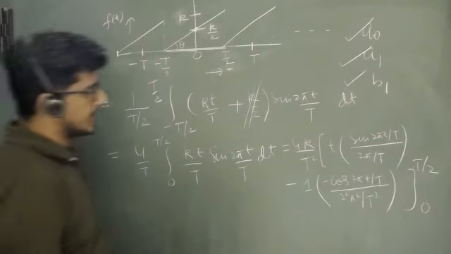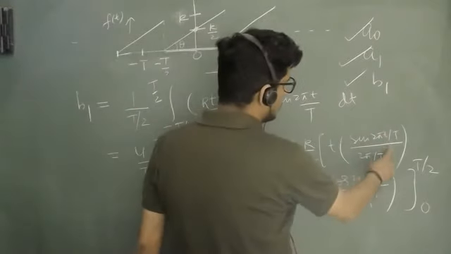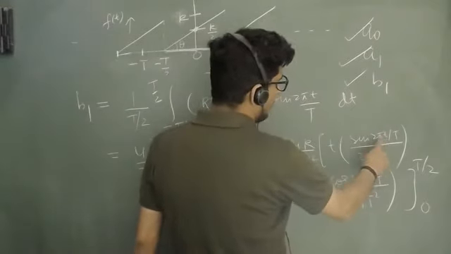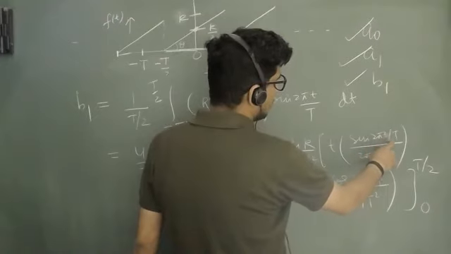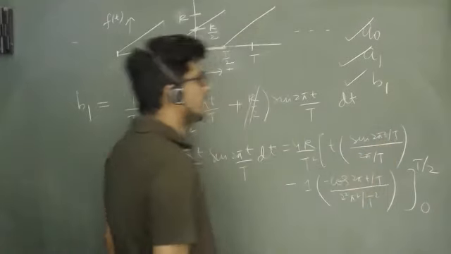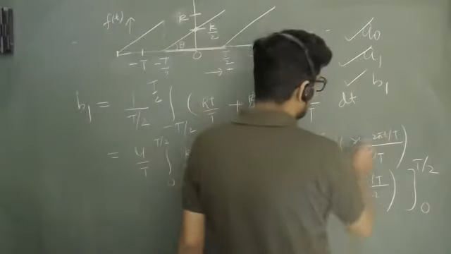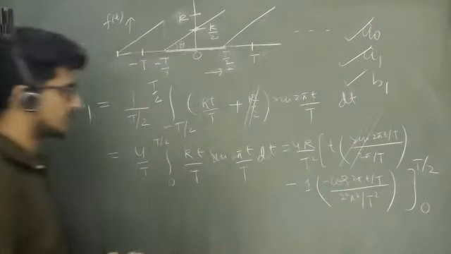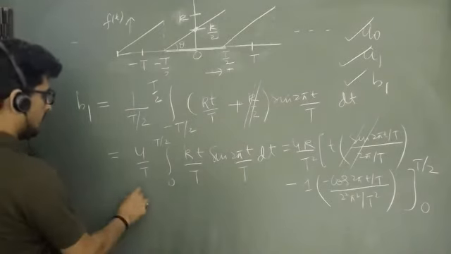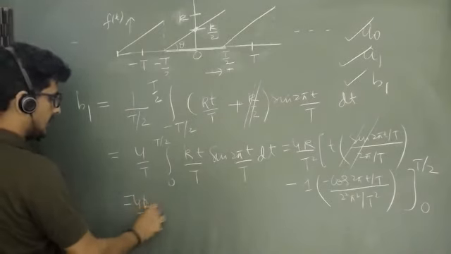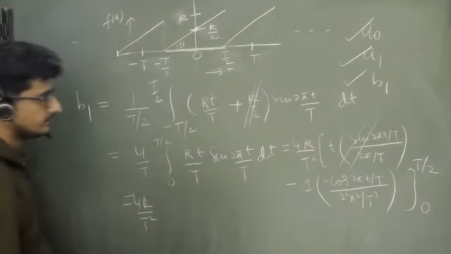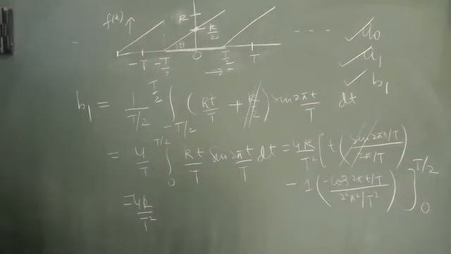So if you see sine term at t by 2, if you put t by 2 here, t and t will cancel, 2 and 2, sine pi will be 0 and sine 0 will be also 0. So this will not contribute. What will finally contribute is 4 by k square, right?